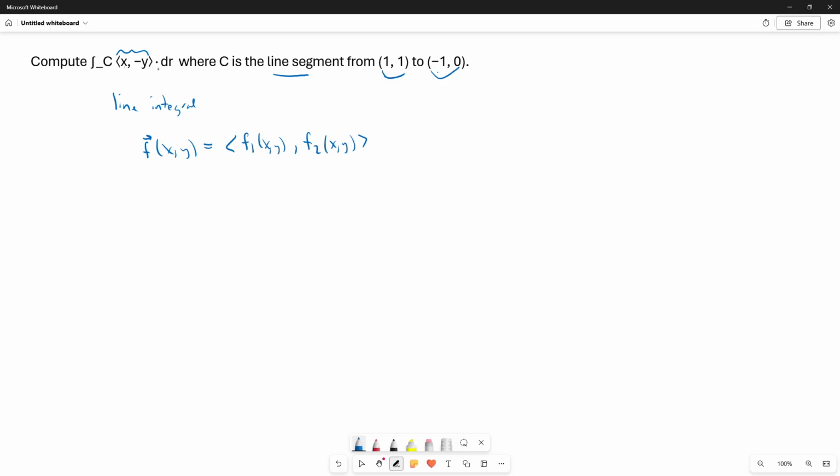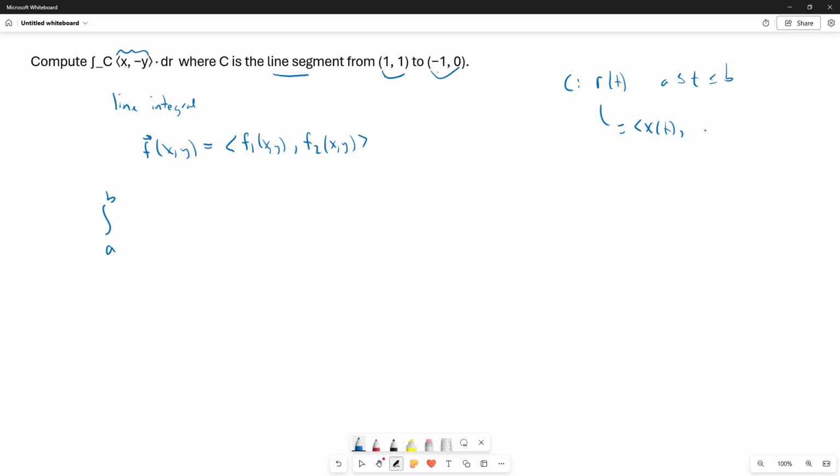In order to compute this, we have to parameterize the curve, in this case the line segment, by some function r of t, where t goes between 2 values a and b. Then we integrate from a to b. The r of t is the vector of the position vectors of each point on the curve.